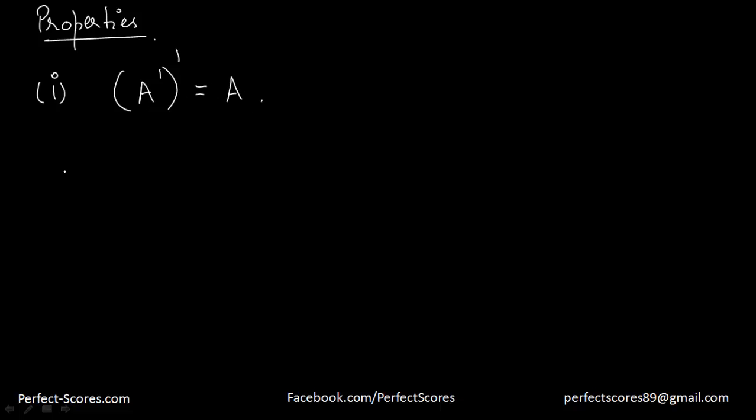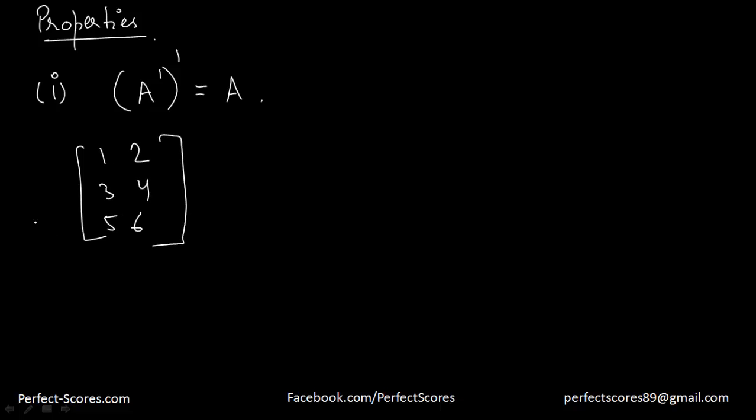Now let's go ahead and understand a few of the properties of the transpose of a matrix, which are very important. The first property is that if I have a particular matrix A and I take the transpose of the transpose, I get the matrix itself. Suppose I have this matrix 1, 2, 3, 4, 5, 6.